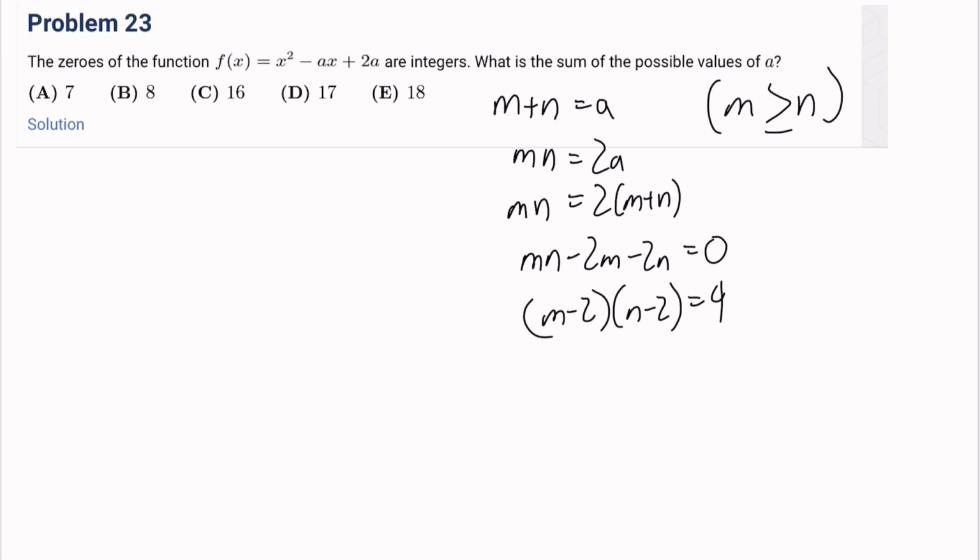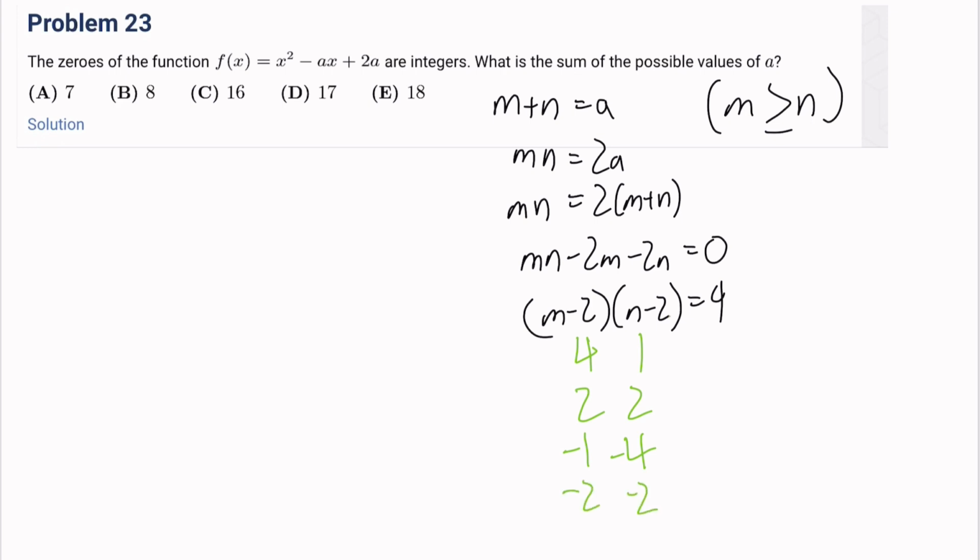And so for the possibilities for that, they are integers, right? So they can't be like fractions or decimals or anything. The factor pairs could be 4 and 1, or 2 and 2, or minus 1 and minus 4, or minus 2 and minus 2, right?